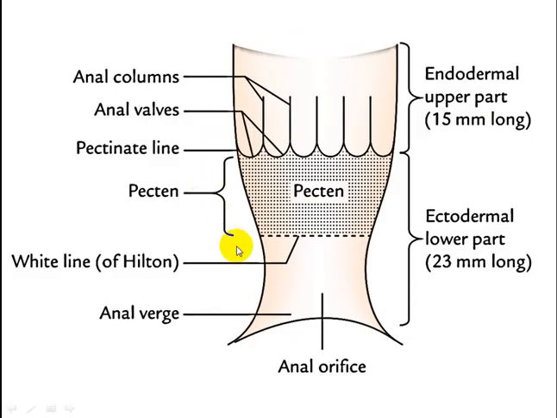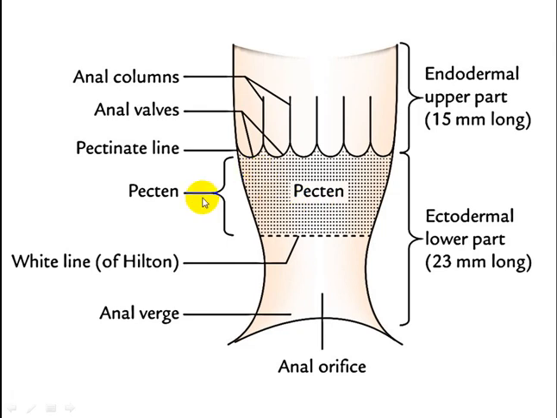There is another line which is called the white line of Hilton, which differentiates between the skin and the subcutaneous part of the anal canal. The keratinized part is below this line, while the non-keratinized part is above it.